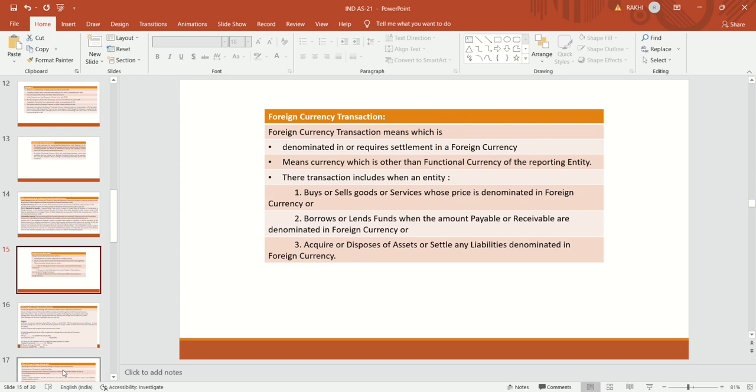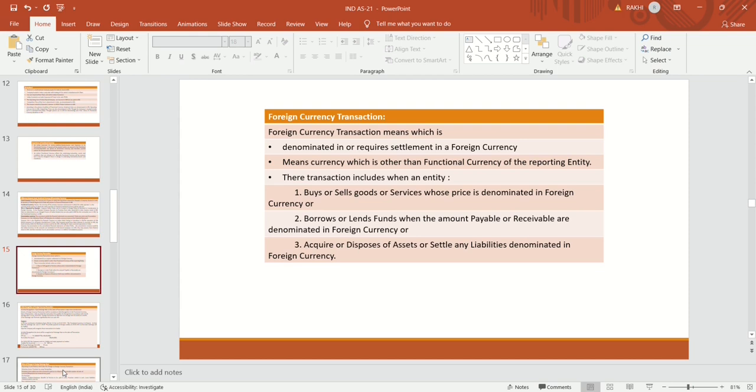Or if the company borrows any loan from a foreign market or lends any money to the foreign market, when the amounts payable or receivable are denominated in foreign currency, then those transactions are also known as foreign currency transactions.